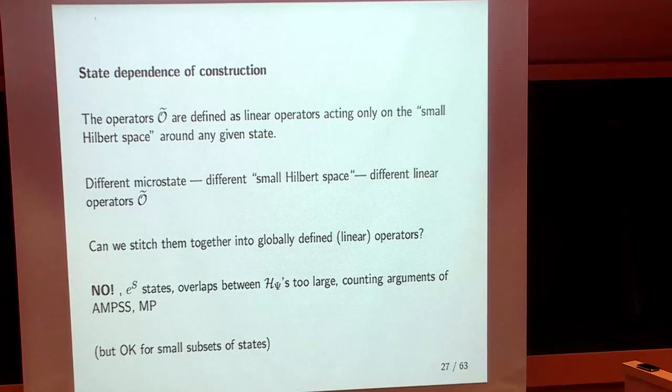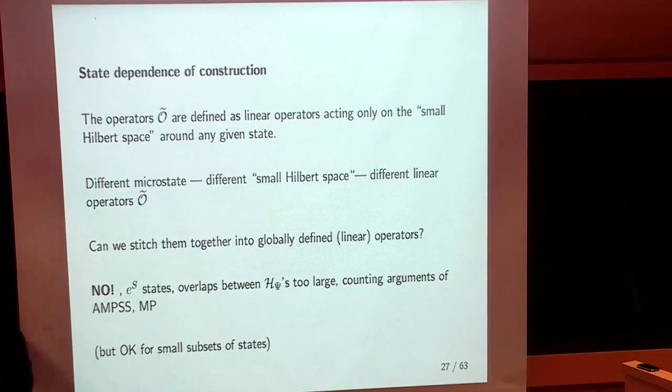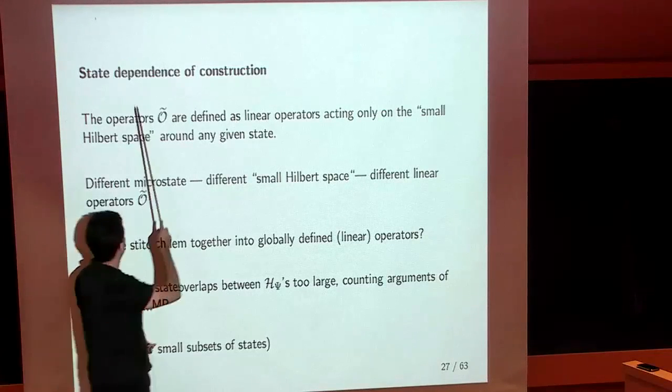So I have the subspaces H of psi 1 and H of psi 2, and I can define an operator tilde which acts on the direct sum of the two subspaces. When you restrict the operator to the individual subspaces, it reproduces the results that we had in the beginning.